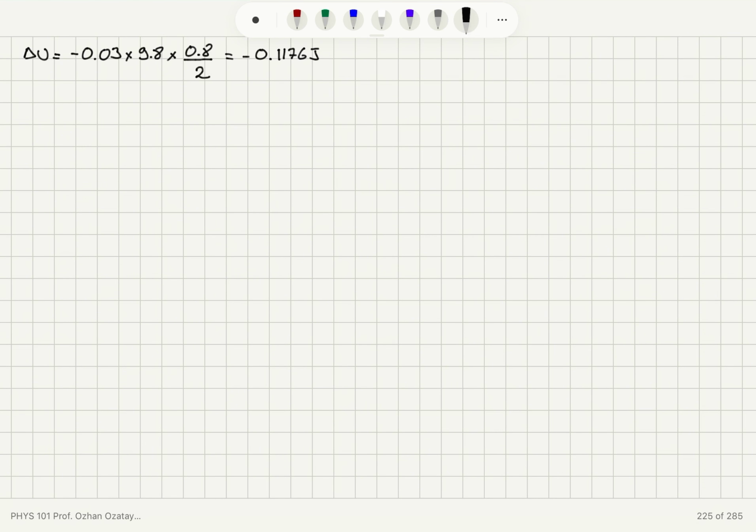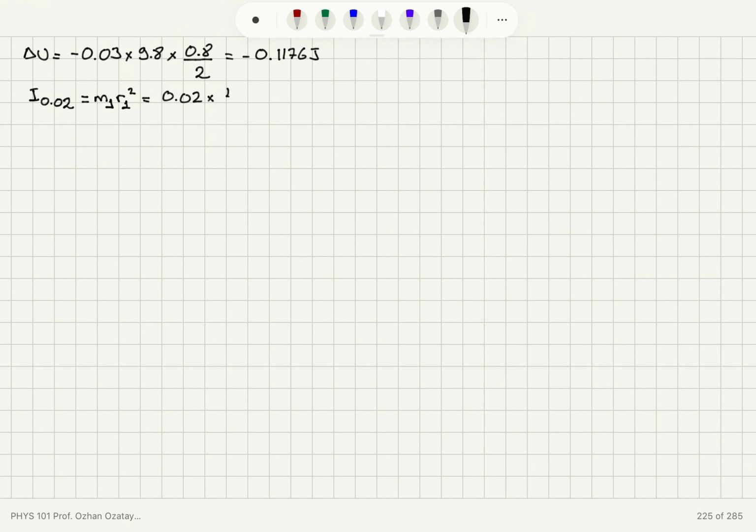Now, if we calculate the moment of inertia of the 0.02 kilogram sphere, it is m1 r1 squared. The mass is 0.02 kilograms, and it's a small sphere, so we neglect its dimensions. We treat it as a point.